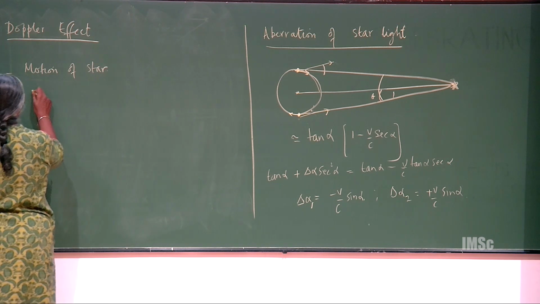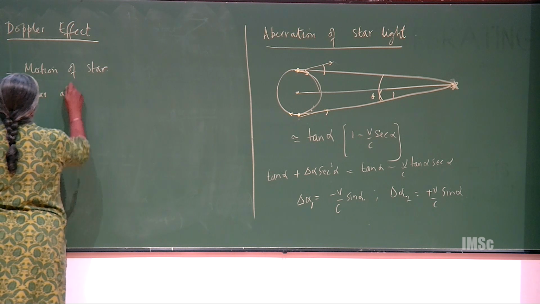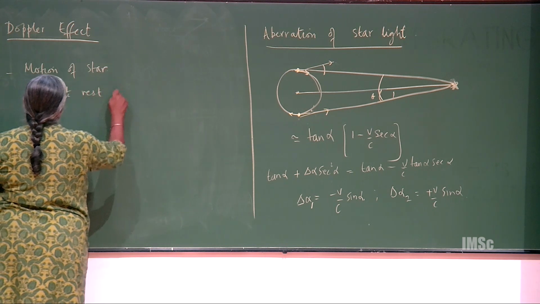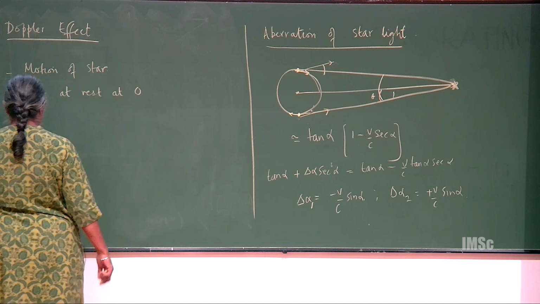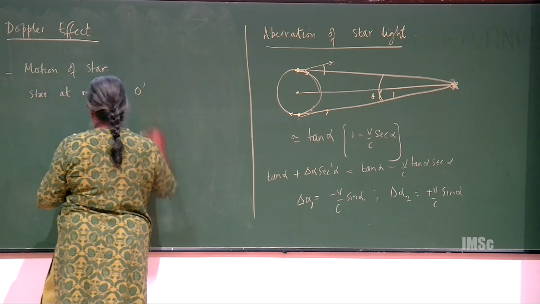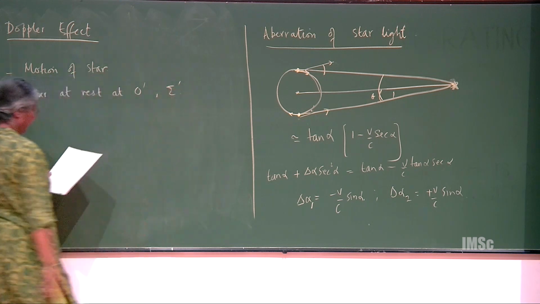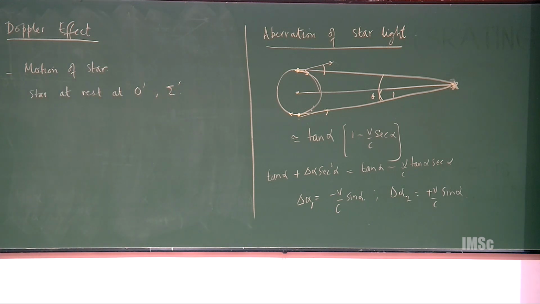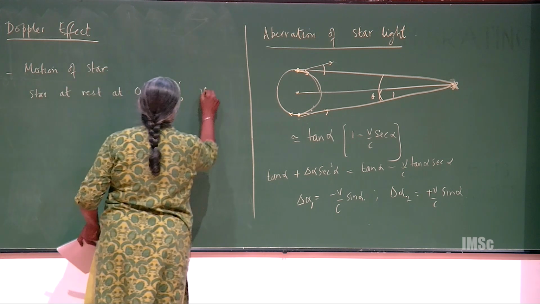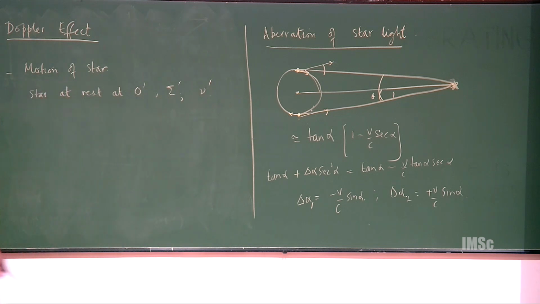So now let us put the star at rest at the origin, that's x equal to y equal to z equal to 0, or x prime equal to y prime equal to z prime equal to 0, because the source is always at rest in sigma prime, right? The observer is in sigma and the guy who is going is in sigma prime. So let him emit a frequency nu prime. So there is a line spectrum. You will expect to see a frequency nu prime in your spectrometer.